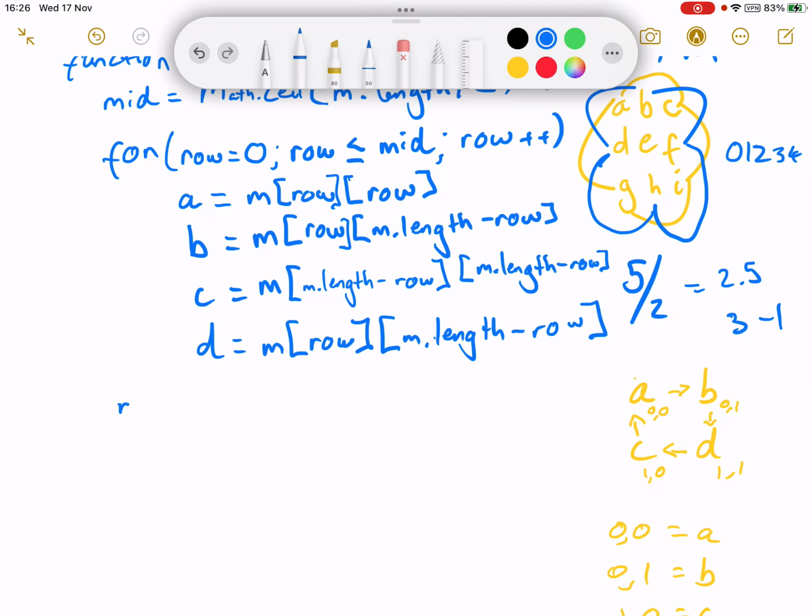So yeah, I think I can just clear this up. No, I can't. M row is equal to what was that? That was C, M row and length minus row.